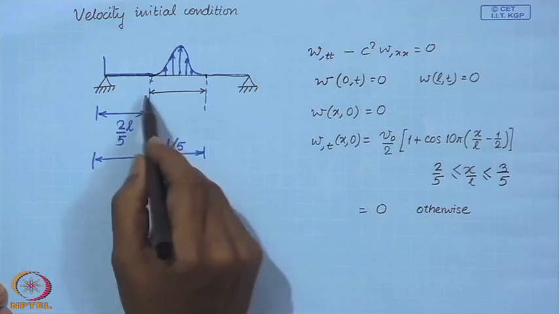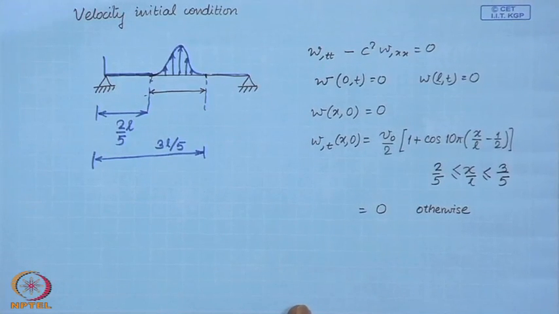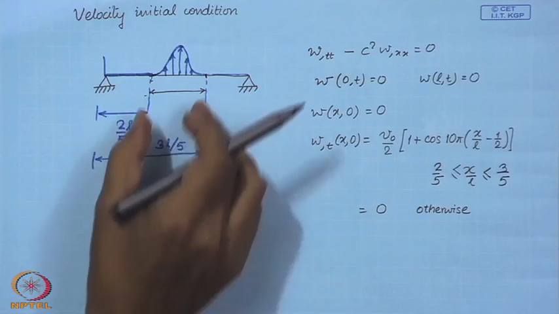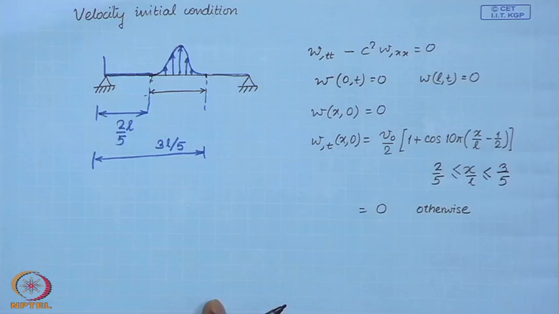The velocity initial condition is provided only over this small region, which is of length 1/5 the length of the string. So, in the central portion we have this kind of a profile.